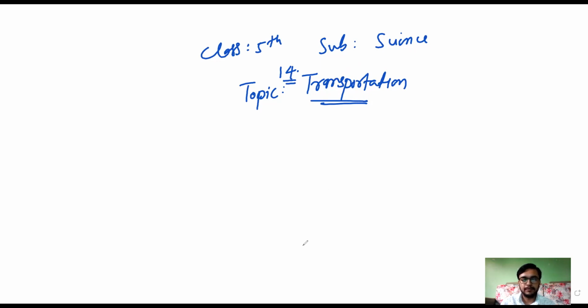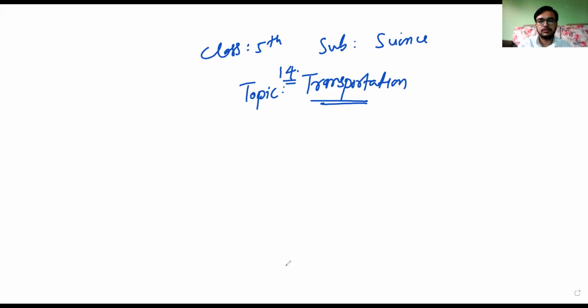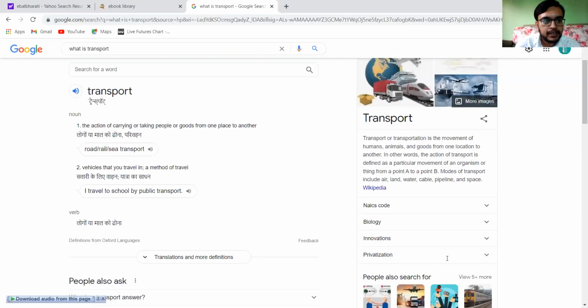Basically, transportation means the action of carrying or taking people or goods from one place to another, right?